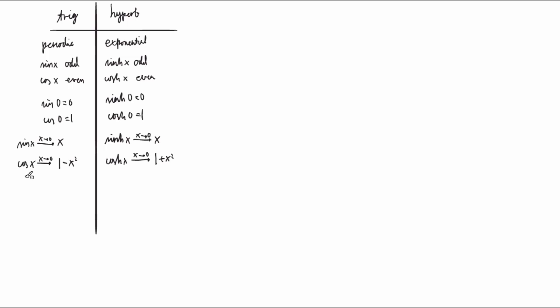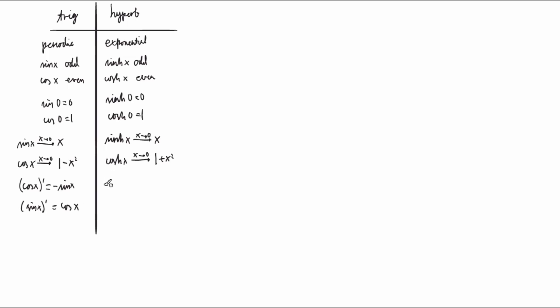Next, we can look at the derivatives. So if you look at the derivative of cosine x, we know that that equals minus sine of x. Similarly, the derivative of sine x equals cosine of x.